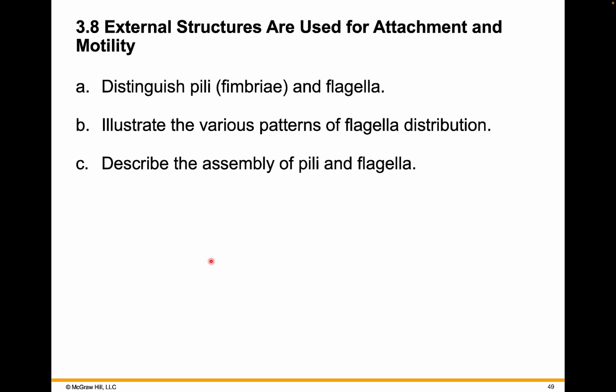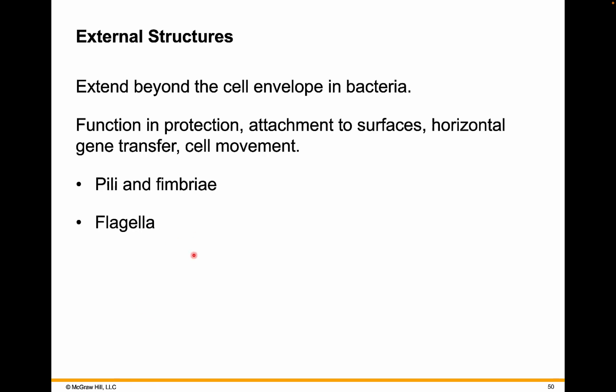After that, we are looking at some of the external structures for attachment and motility. These are two types. These extend beyond the cell envelope in the bacteria, and they function in protection, attachment, horizontal gene transfer, and cell movement. One group of them is the pili or the fimbriae, and also the flagella.